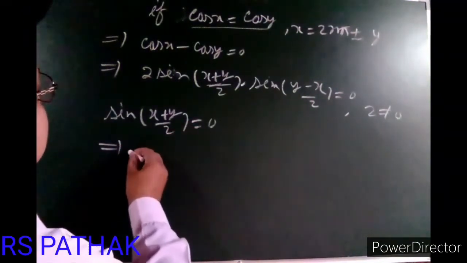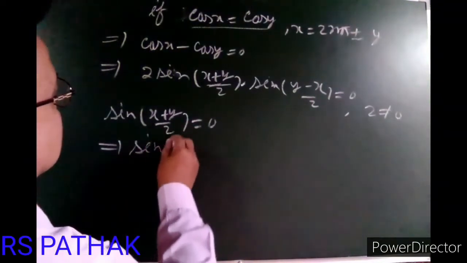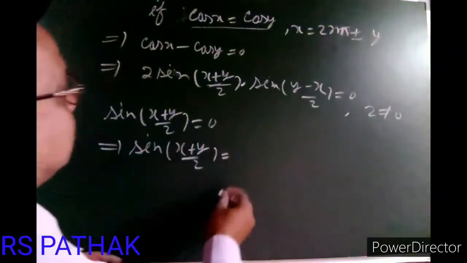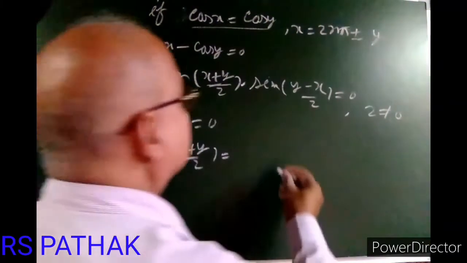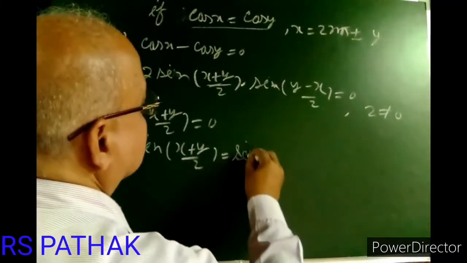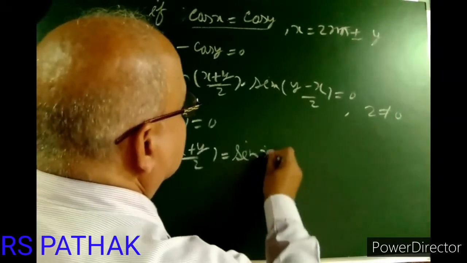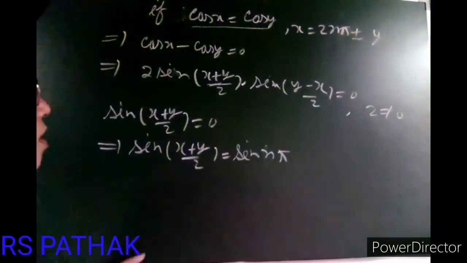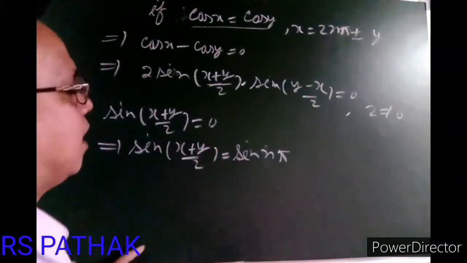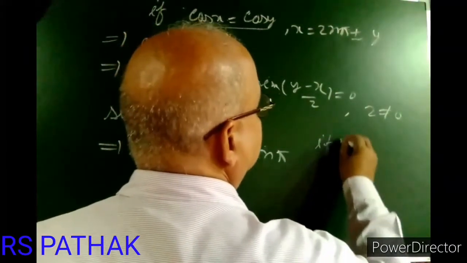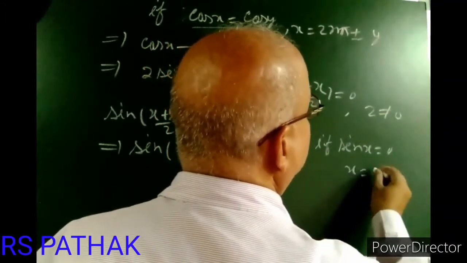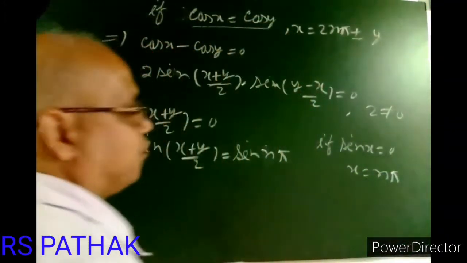Then I can write it as sin (x plus y) upon 2 is equal to 0. General formula of sin is, if sin x equal to 0, then x will be equal to n pi.